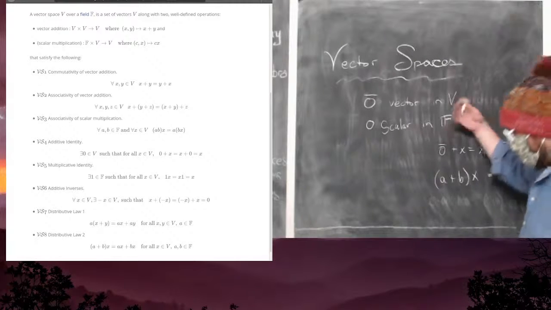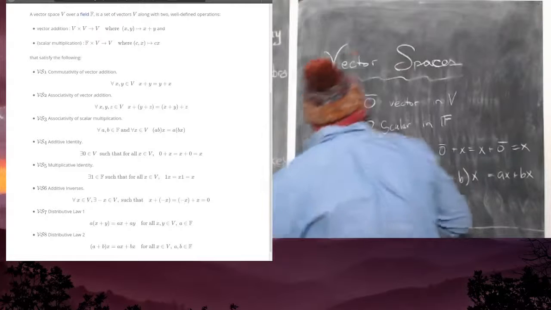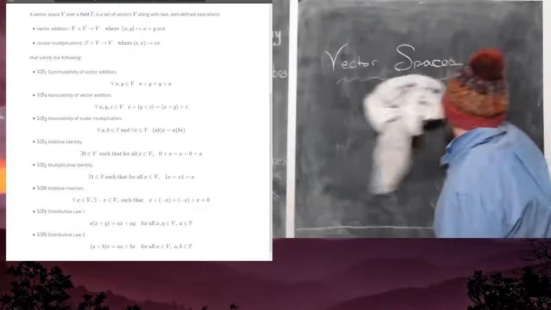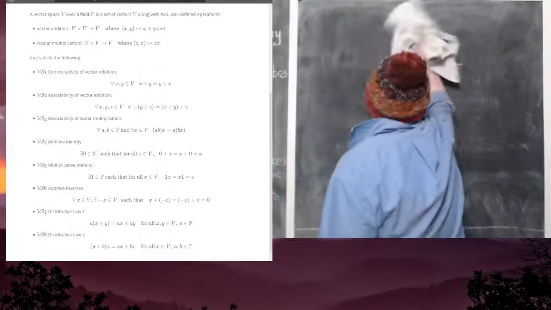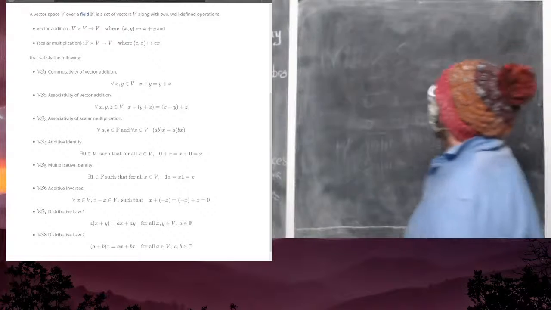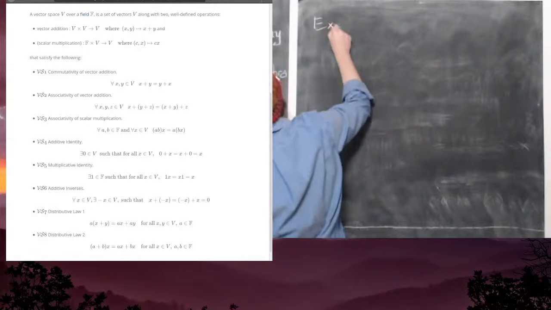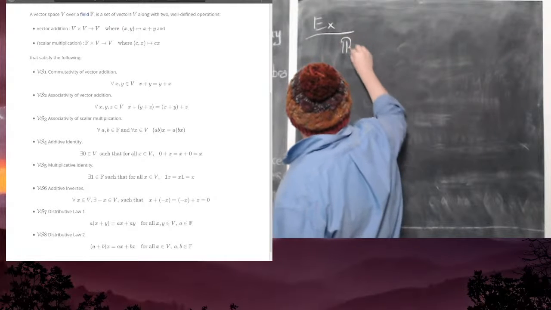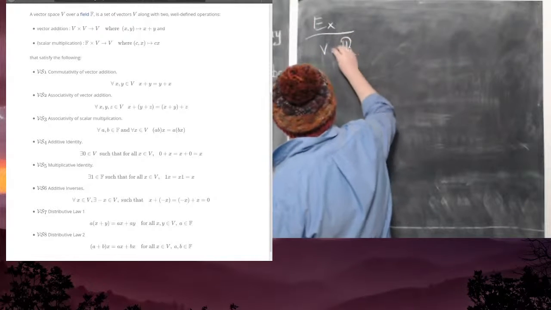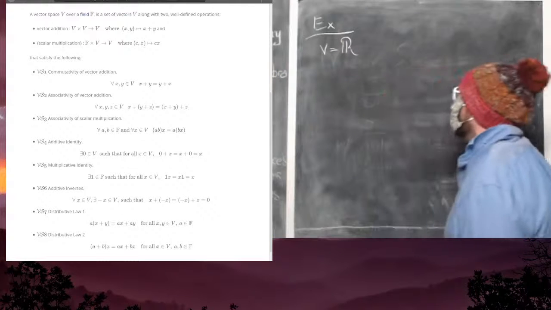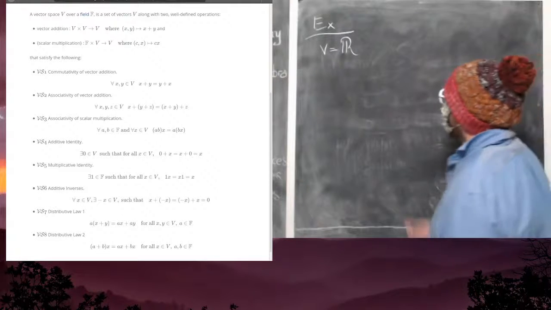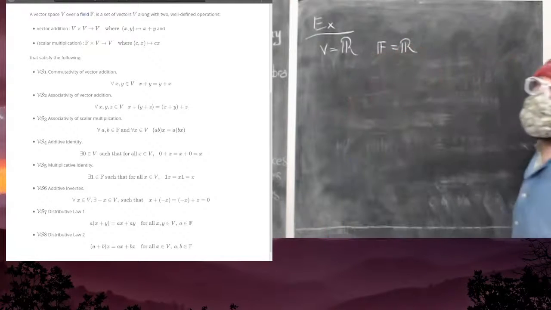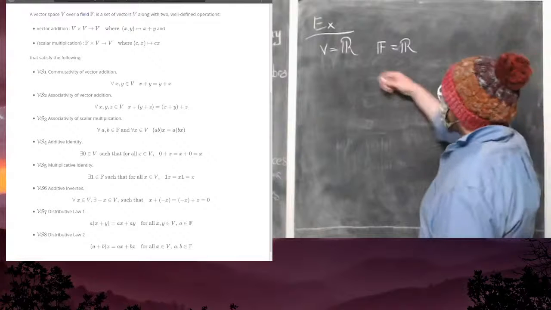But rather than wallow in this abstract nonsense, let's look at some concrete examples. So, some examples of vector spaces. Any field, say R, is your set of vectors, and then just make your field also R. But this isn't enough.